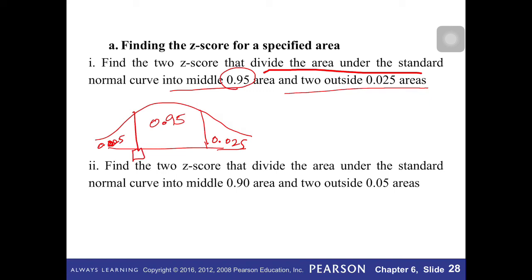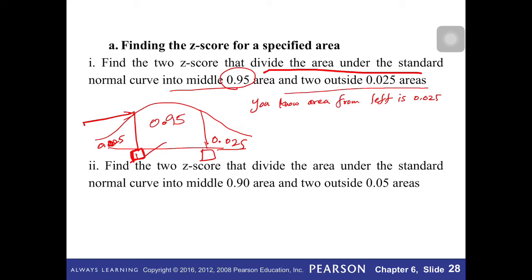So you have to find these two values. How do you do that? It is easy. You know the area from the left-hand side to this point is 0.025. So find the z-score by using that. You know the area, go to the body of the table, and find the particular z value.